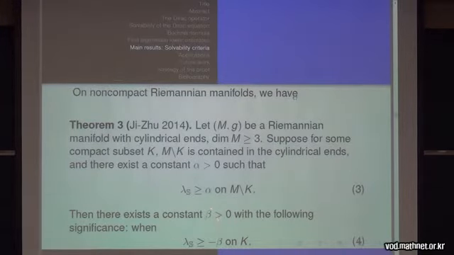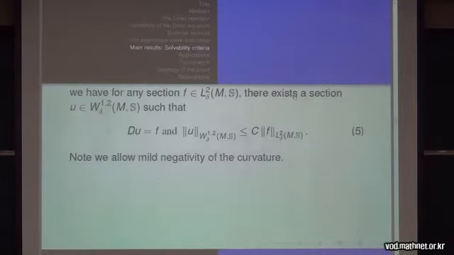And actually, we don't know how small this constant is, but you can take beta to be 0. So if the curvature is non-negative on K and positive outside K, then we can solve the Dirac.